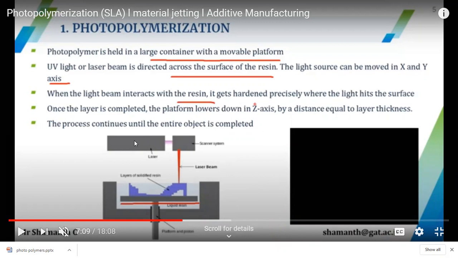Whenever the liquid resin interacts with the laser beam, it hardens and is converted into a solid product. The layer by layer formation continues until the entire object is completed. That is the process of photopolymerization forming a product in stereolithography operators.